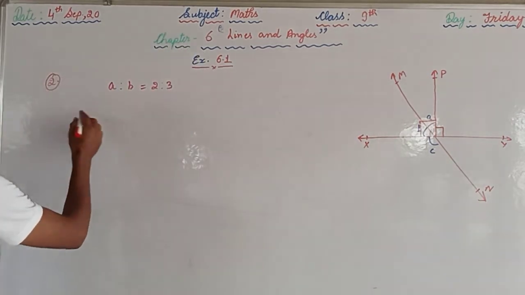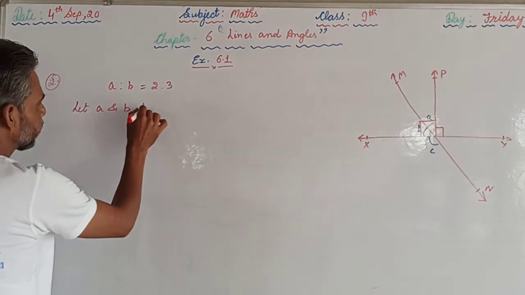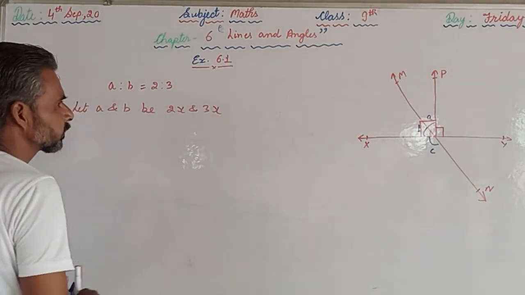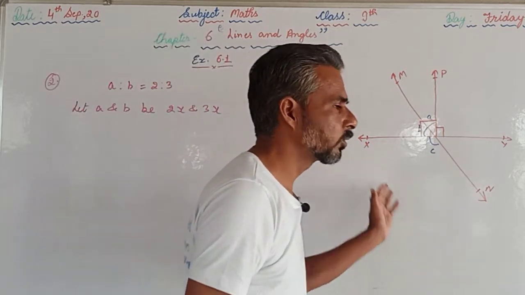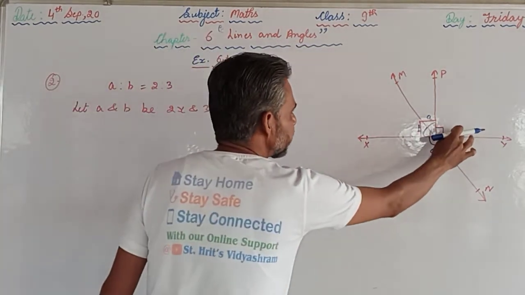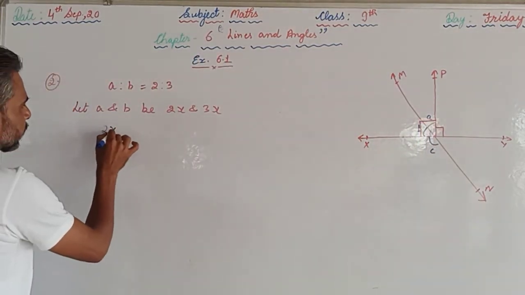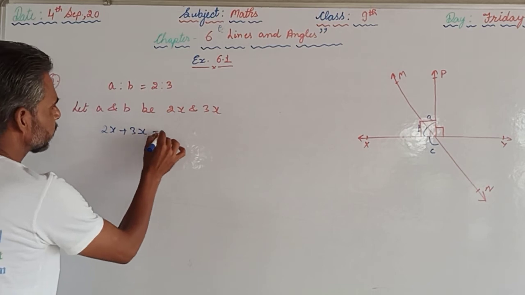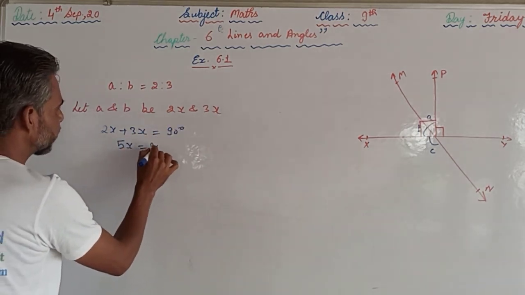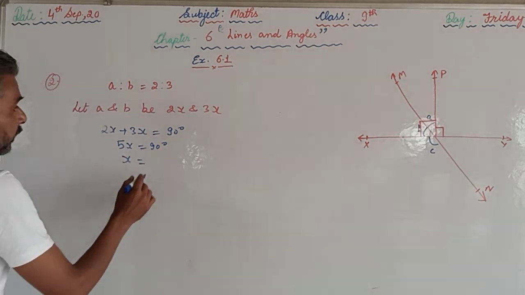Let the angles A and B be 2x and 3x. Ratio is given 2:3, so 2x and 3x, and their sum is 90. So 2x plus 3x is equal to 90 degree, 5x is equal to 90 degree, so x will be 18 degree.